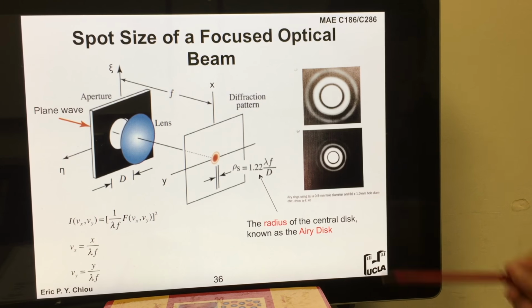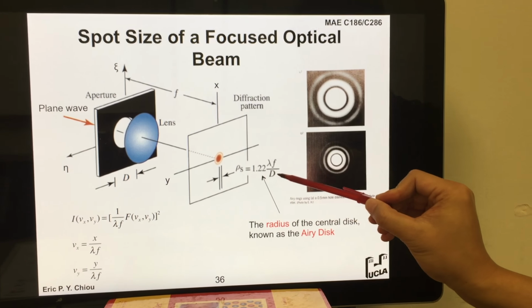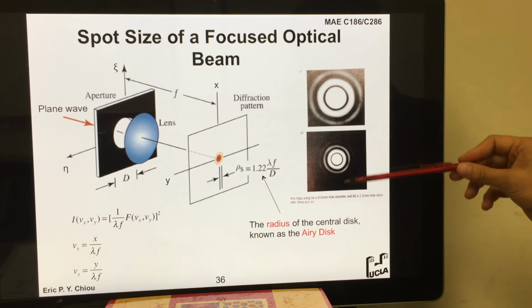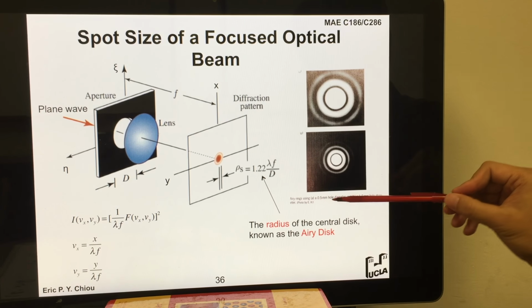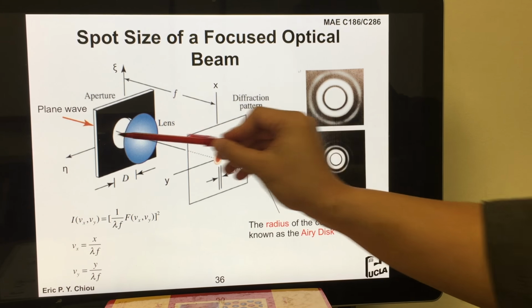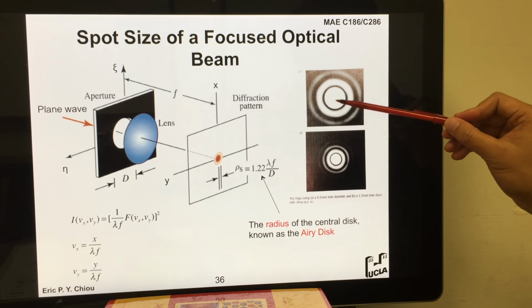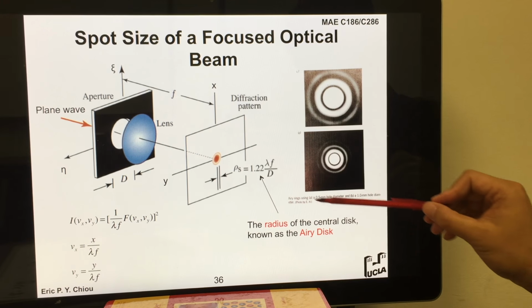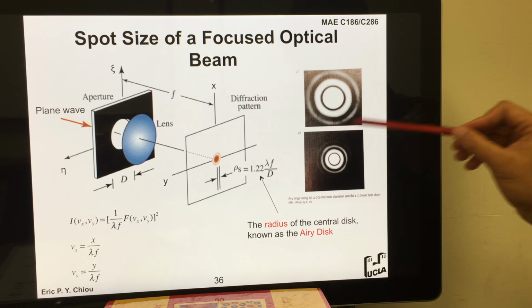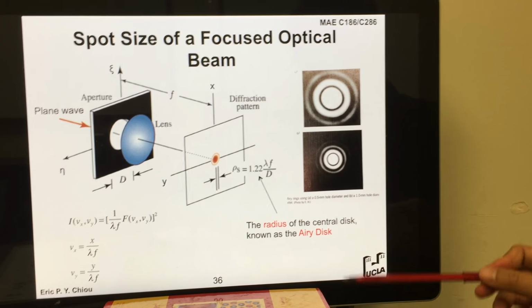So if the aperture is small, the spot size will be big. Compare these two. One is with a 0.5 millimeter hole here, so you have this size of Airy disk pattern, the diffraction pattern of the circular aperture.